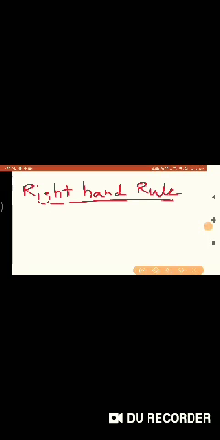If the curled fingers give the direction of motion of a particle performing circular motion, then the direction of the outstretched thumb gives the direction of the angular displacement vector.